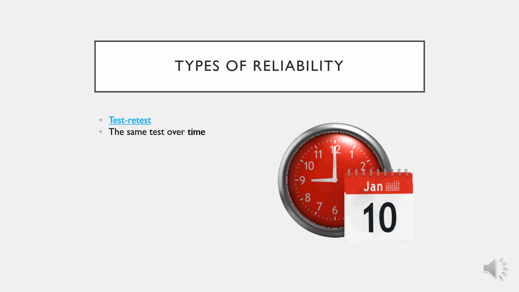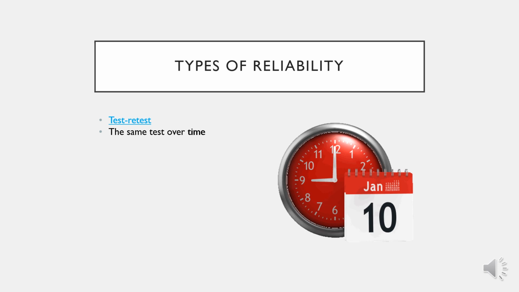One of the simplest ways is to look at test-retest reliability. How likely is it that somebody gets the same score when they retake a test that they've taken previously? Test-retest reliability may be measured over a fairly short time frame. For example, somebody may complete a test in the morning and then complete the test again in the afternoon to see what sort of change there's been.